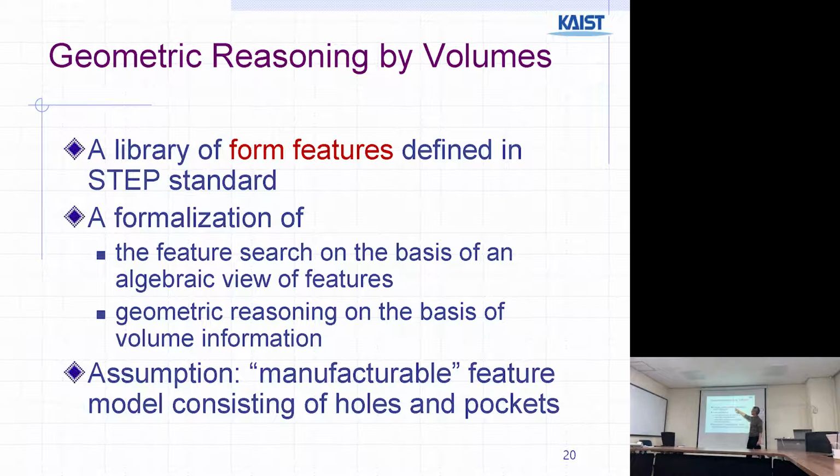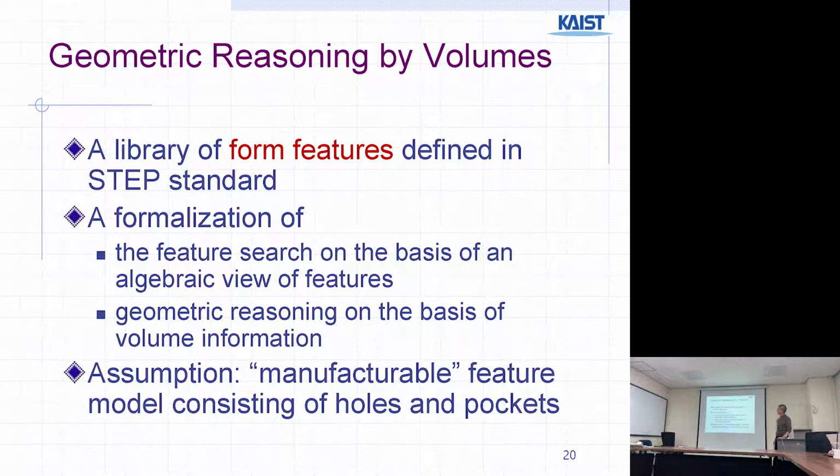There is a form feature. Once again, this is domain independent, something like mathematics. And in the ISO standard, there is a separate standard book which defines all the form features for machining. Right?